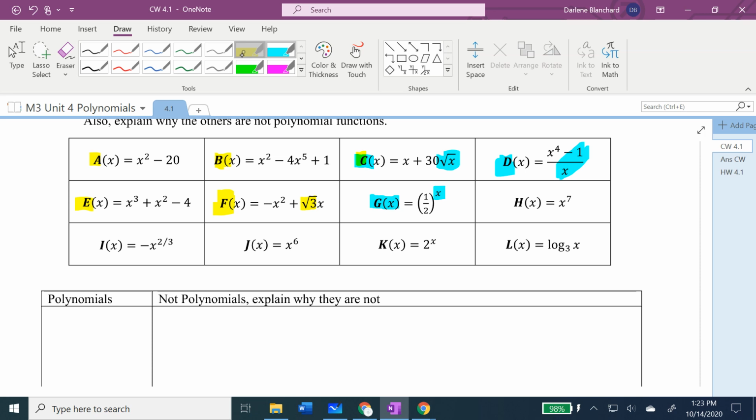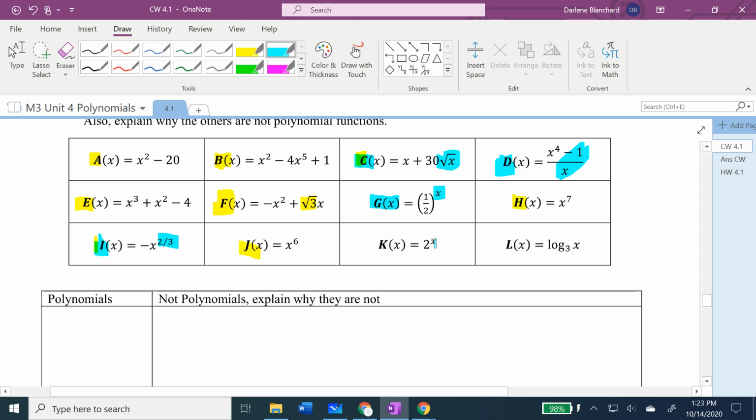Is H polynomial? And you said yes. Yes, it is. Is I polynomial? No, very good. Because, whoops, wrong color. Because it has a fractional exponent, 2/3. Exponents must be whole numbers. J, polynomial? Yes. K, polynomial?